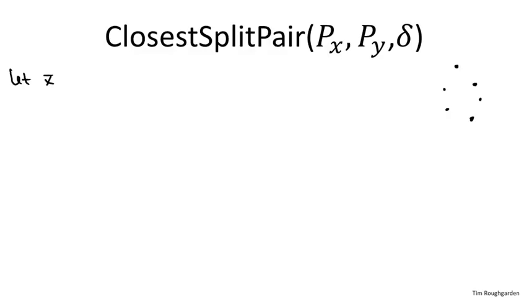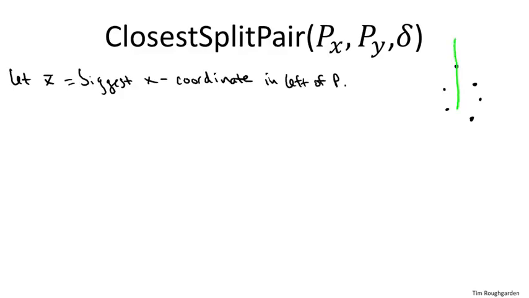That is, in the sorted version of the points by x-coordinate, we look at the n over 2th smallest x-coordinate. In this example where we have 6 points, all this means is we imagine drawing a line at the third point. So that's going to be x bar, the x-coordinate of the third point from the left. Since we're passed as input a copy of the points sorted by x-coordinate, we can figure out what x bar is in constant time, just by accessing the relevant entry of the array Px.